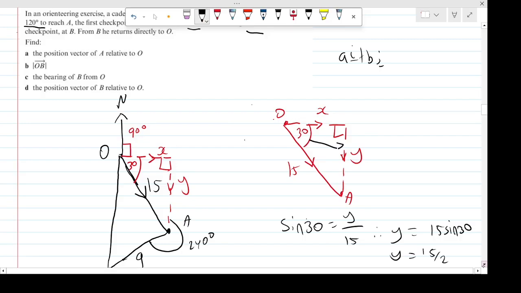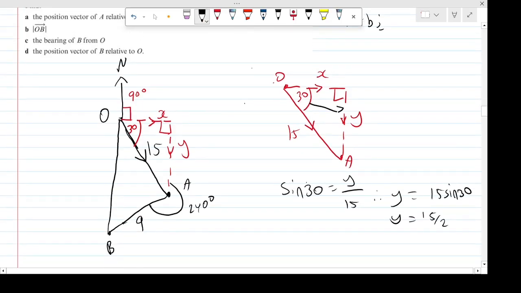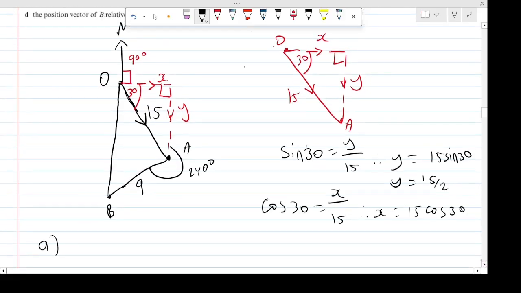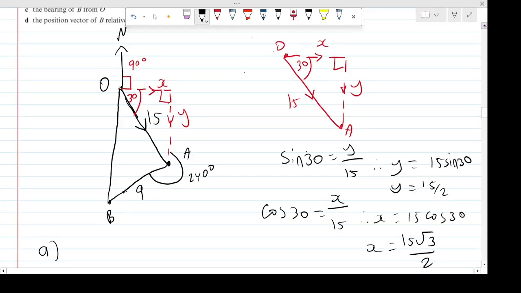And likewise to find x, x is adjacent to the angle. So cos 30 is going to be the adjacent, which is x, over the hypotenuse of 15. So therefore x is going to be 15 cos 30. Then if I do that, I get x to be 15 root 3 over 2. And so therefore, the x and y parts are there.